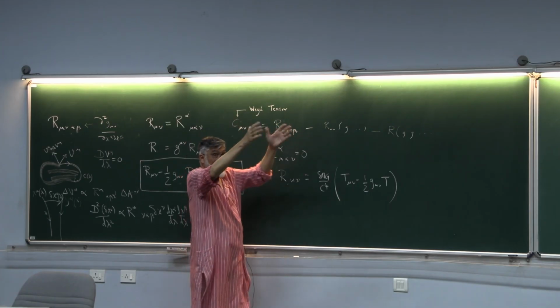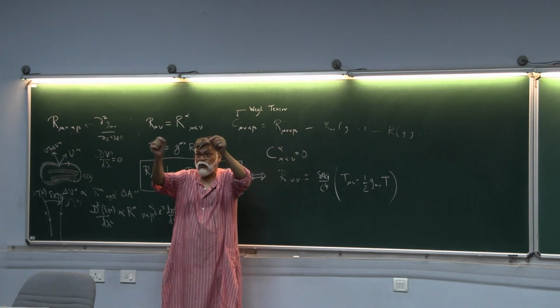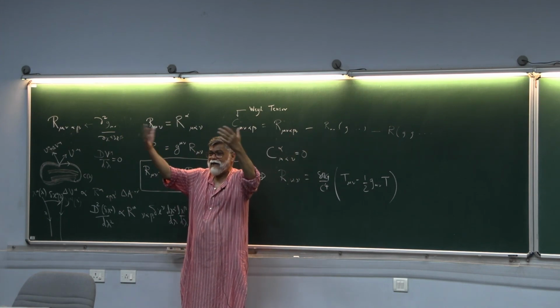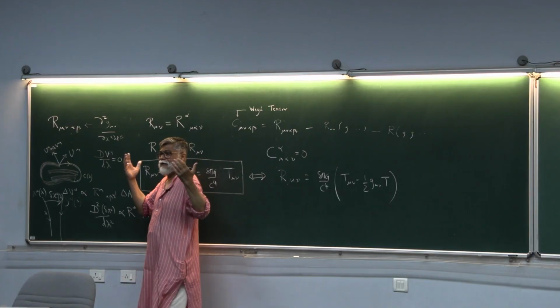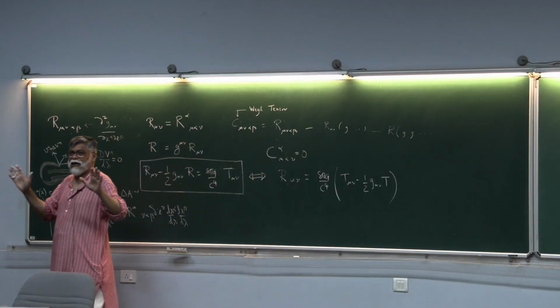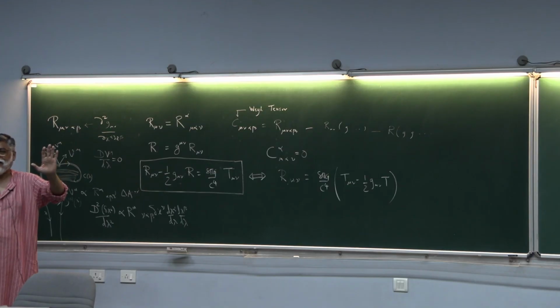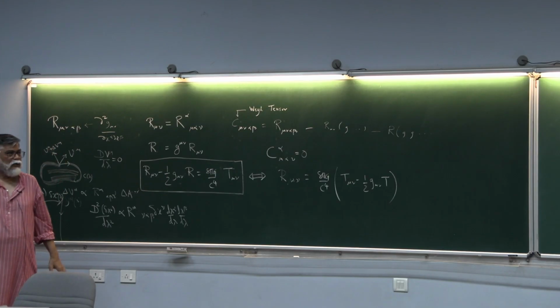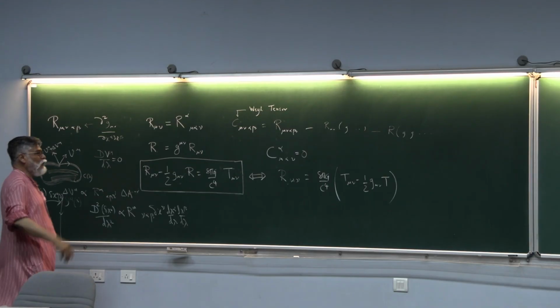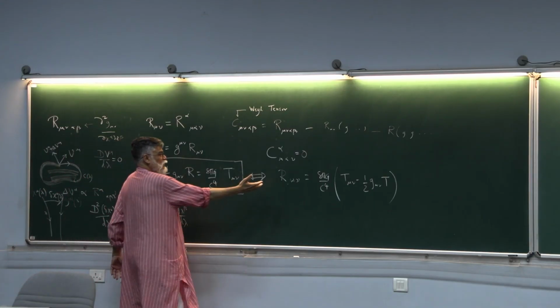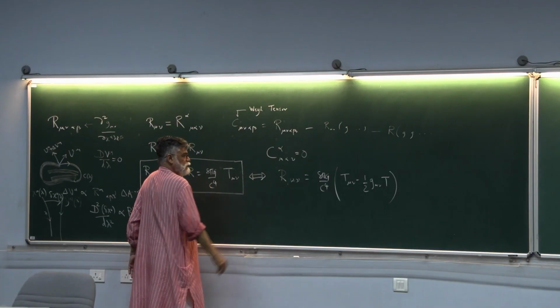So the tidal acceleration between two test particles where there is no matter is determined by the Weyl tensor, because outside, the Riemann tensor and the Weyl tensor are identical by virtue of the Einstein equation. R_{mu nu} and R are 0 where there is no matter because of this equation.